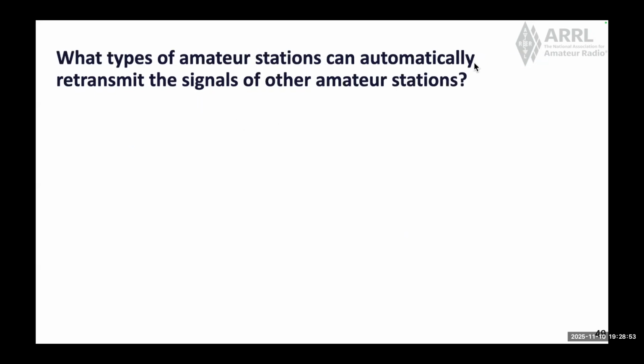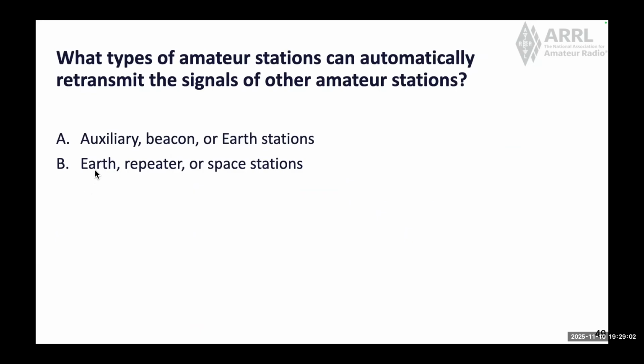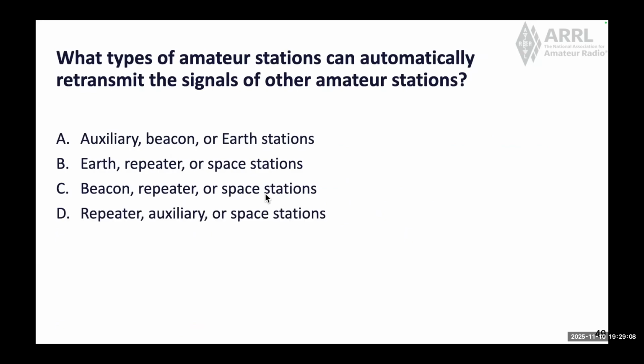What types of amateur stations can automatically retransmit signals of other amateur stations? Auxiliary, beacon, or earth stations; an earth station, a repeater, or space stations; a beacon, a repeater, or space station; a repeater, auxiliary, or space station. Now, you're talking about automatically retransmitting the signal. A beacon does not automatically retransmit.